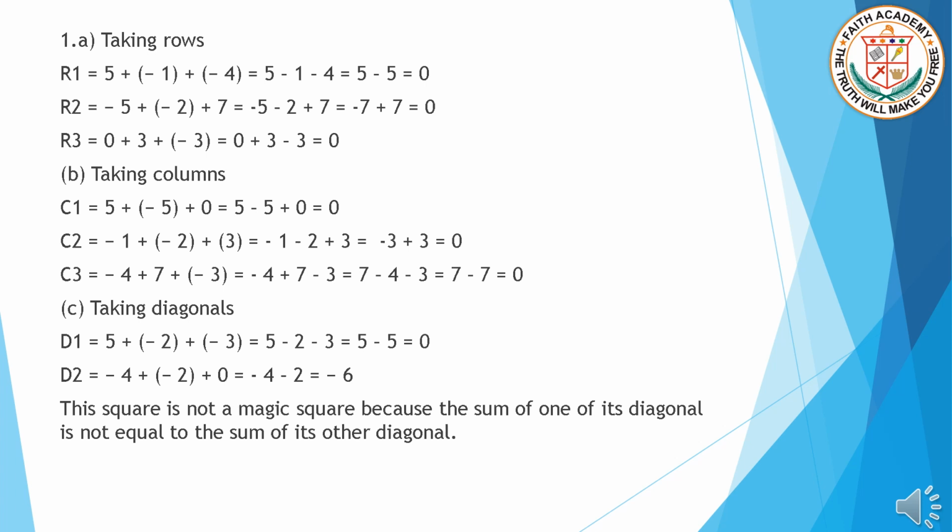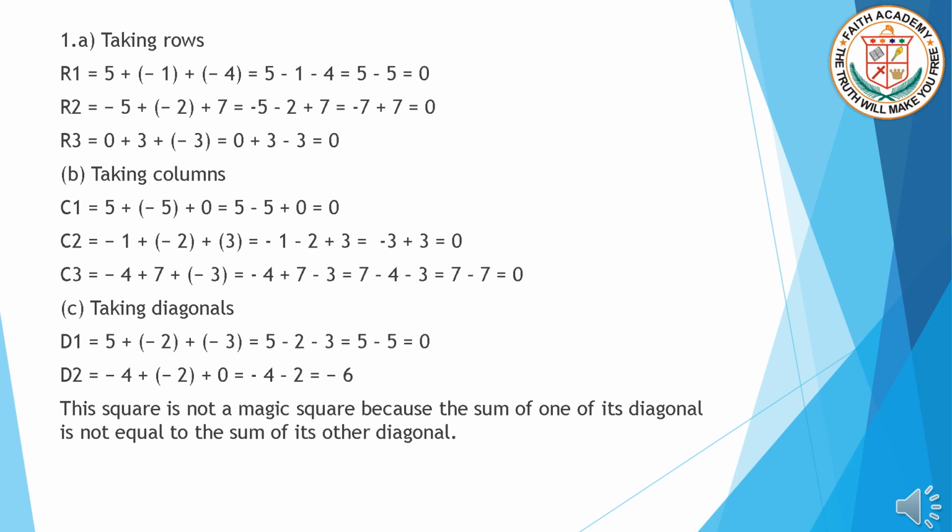So for example, if we look at row 1, the numbers given are 5, minus 1, minus 4. When we add all these numbers, we get the answer as 0. So we will similarly add up all the rows and all the columns. Here we can see that in row 2, the sum is also 0.